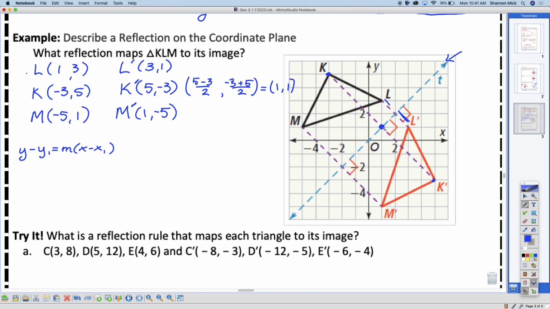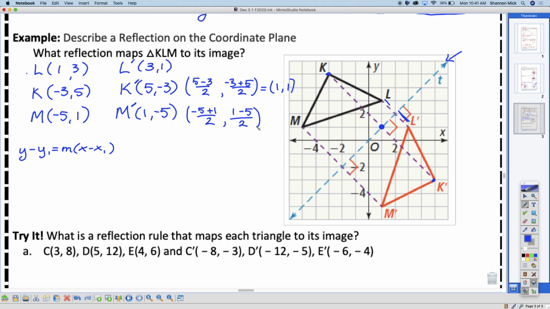I do. Okay, so now let's go here. Then I have negative 5 plus 1 over 2, comma 1 minus 5 over 2.